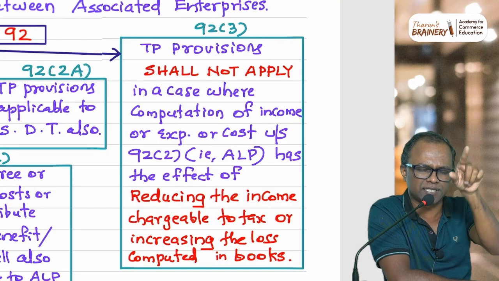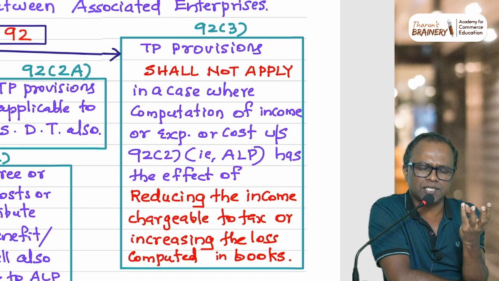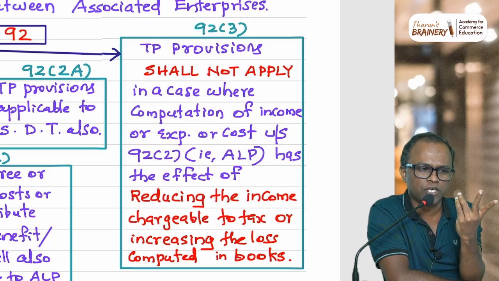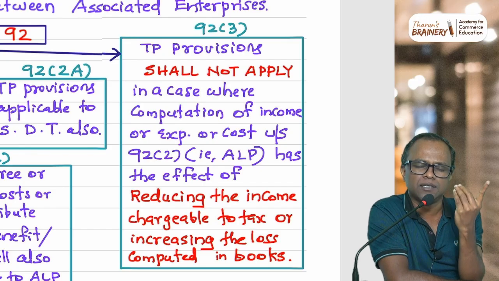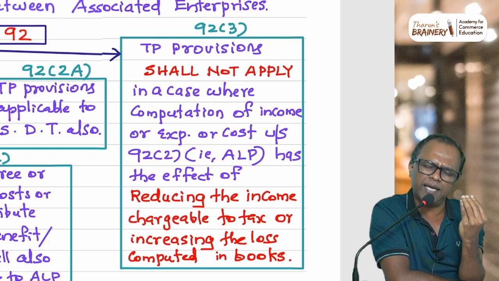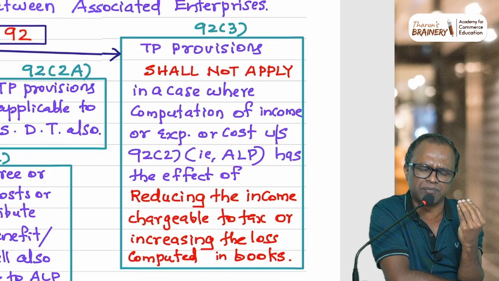This is regarding debit side of the P&L. Maybe purchase of goods from AE, accepting loan from AE and payment of interest, using intangible asset of AE and payment of royalty, purchasing asset from AE and debiting depreciation, or any other similar expense making payment to AE.